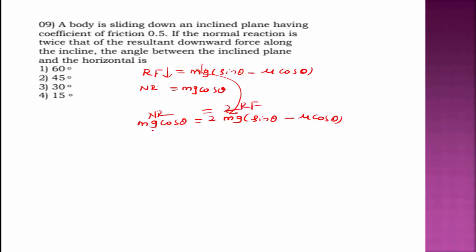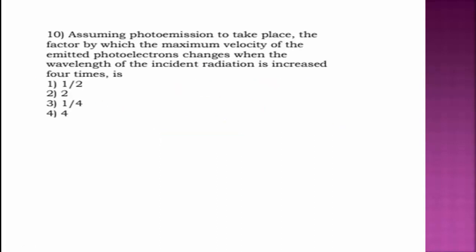Then I write this equation: mg cos theta is equal to 2 mg (sin theta minus mu cos theta). When solving using the trigonometric equation, we get theta is equal to 45 degrees. Option 2 is the right answer.